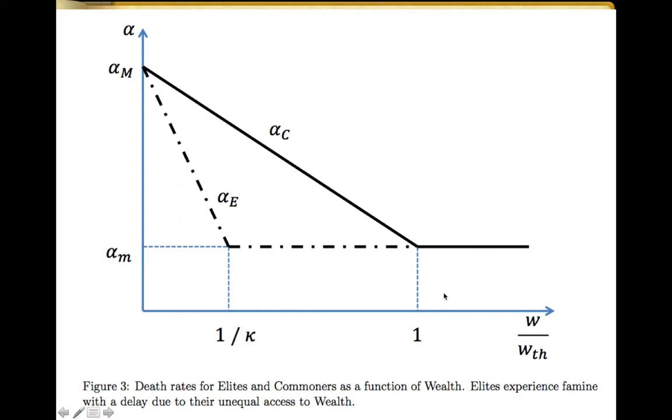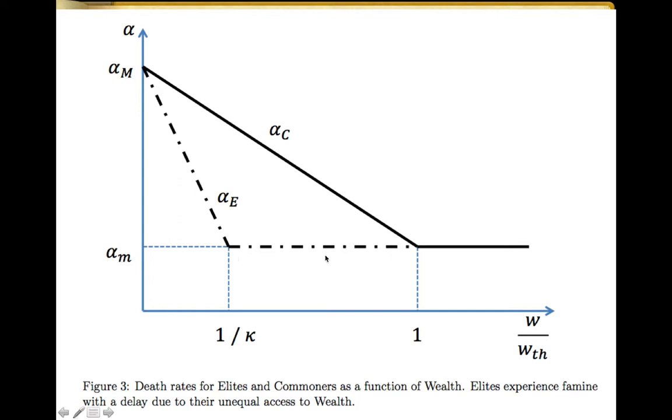That means there's enough wealth to go around, so people may have money to spend and stay healthy, and it falls to a minimum death rate, maybe some natural death rate.